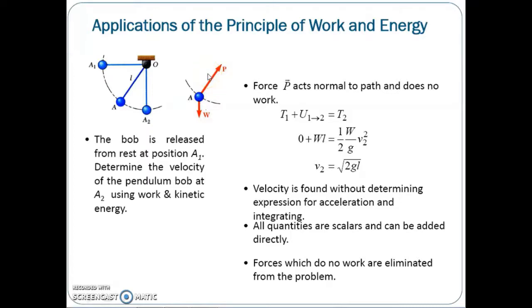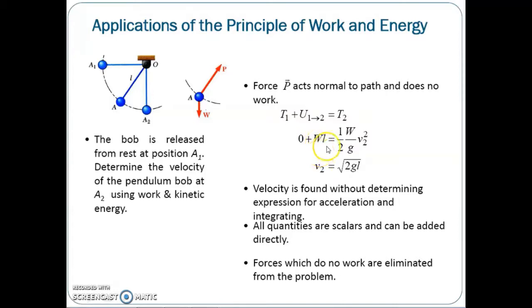The only force which does work is the weight W. So moving downwards with the vertical displacement of L from A1 to A2, and it's moving downwards, so the work is positive, which is equal to WL. U1 to 2 equals WL.